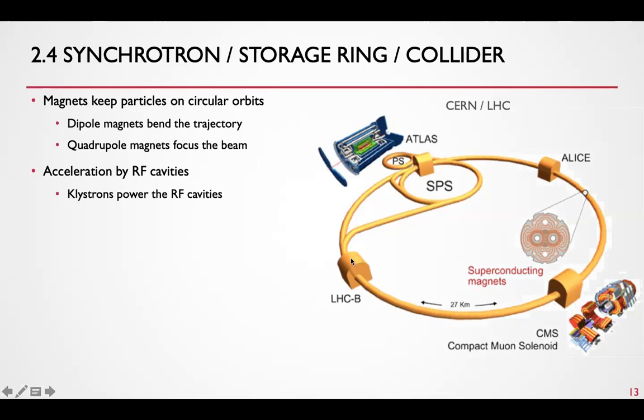We also need to accelerate them, and the electrons and protons are accelerated by so-called radio frequency cavities, which are cavities that guide an electric wave just behind the bunched beam.